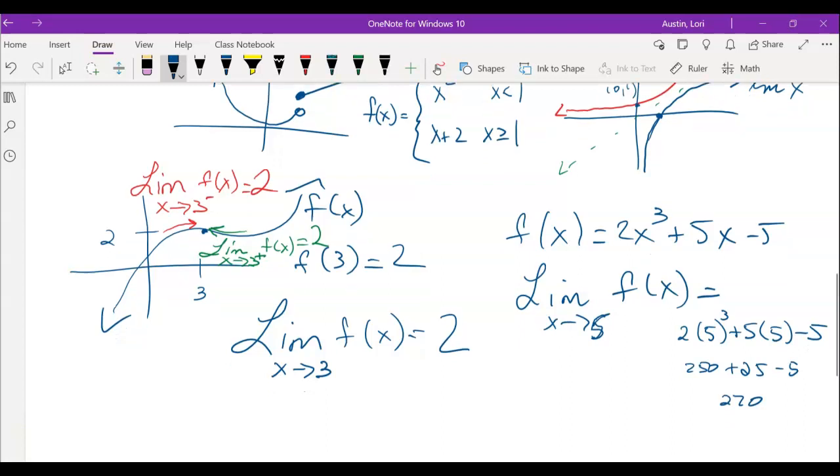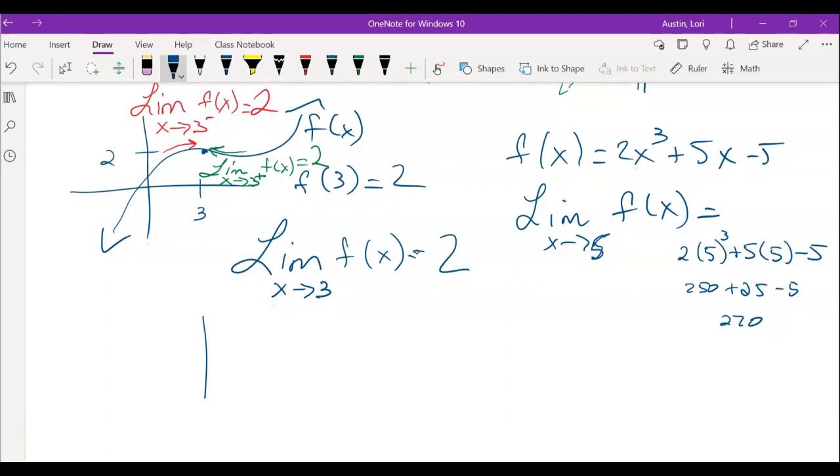So hopefully in pre-calc 2, you recall that some functions have holes in them. You remember that? Some functions have holes in them. And let's suppose this hole is occurring when x equals 2, and the hole's occurring at 1.